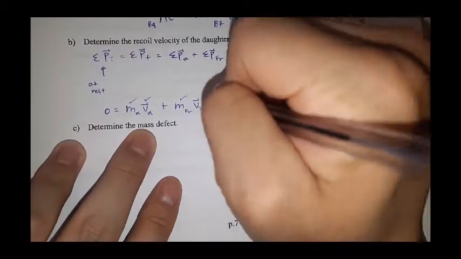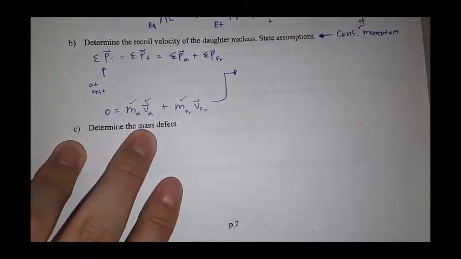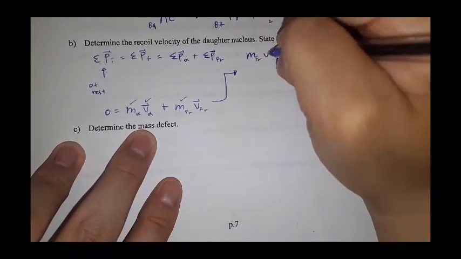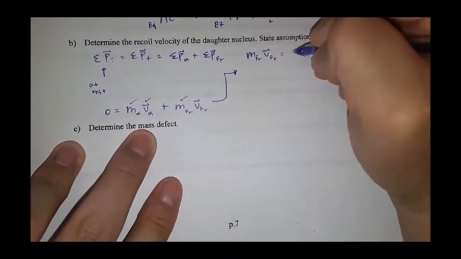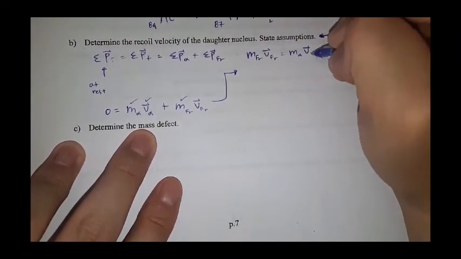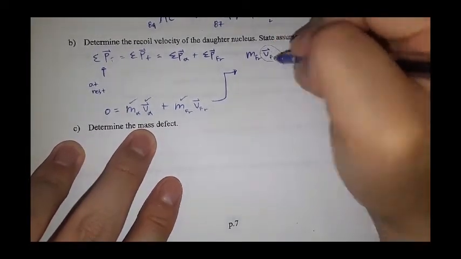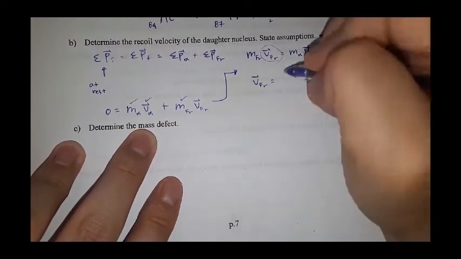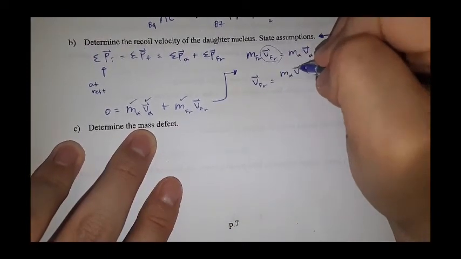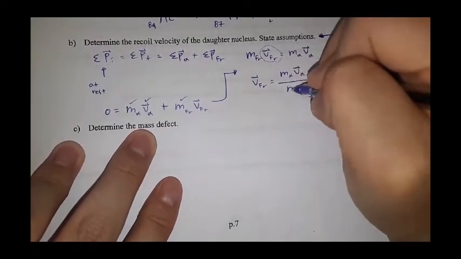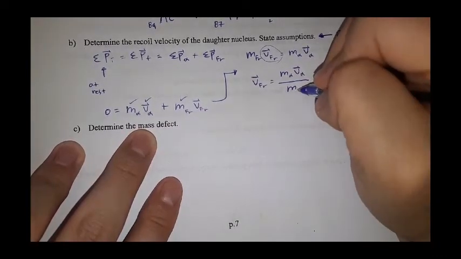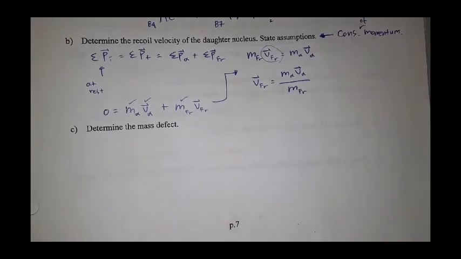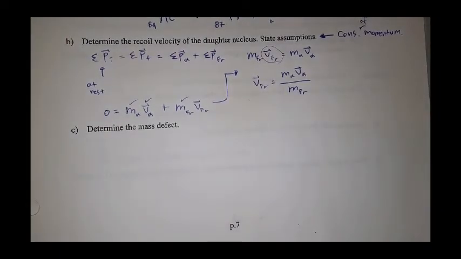So let's rearrange the whole thing. We can say m Fr v Fr is equal to m alpha v alpha, and v Fr is equal to m alpha v alpha over m Fr. There we go. And that's what we can do.